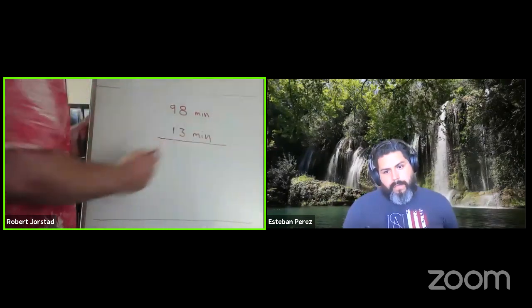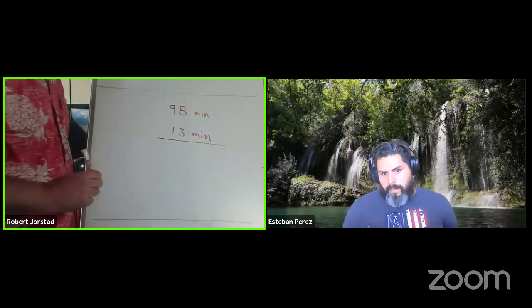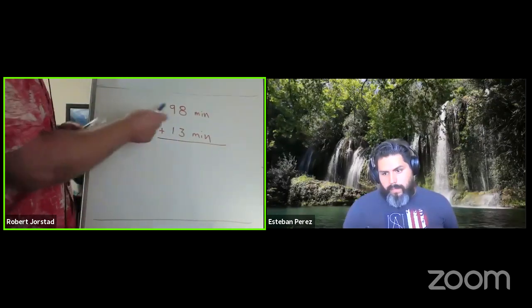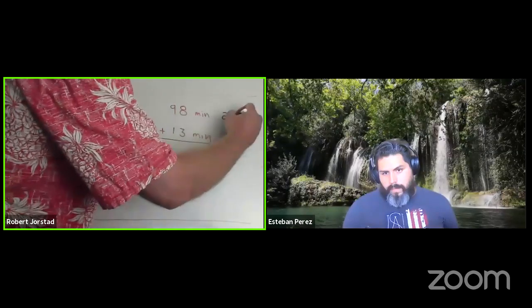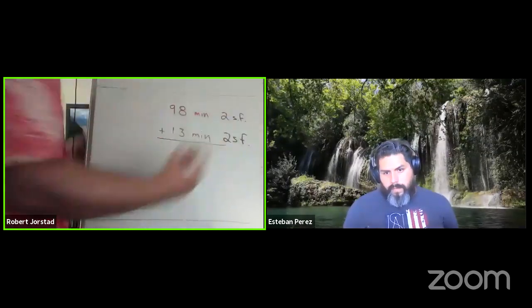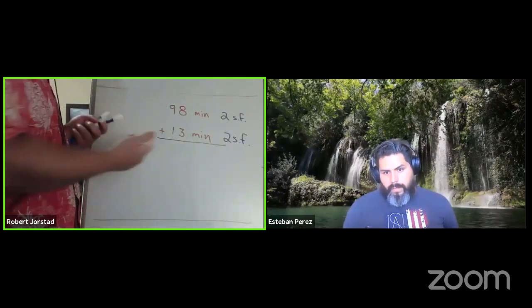Let's say we're doing some math, and I say this thing takes 98 minutes and this thing takes 13 minutes. I hope it's pretty easy to see that these are both 2 sig figs.